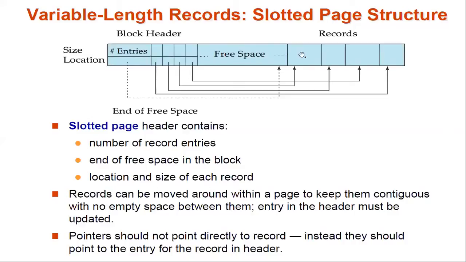So in a particular file, in which memory location the record is located, that information will be stored in the slotted page structure. Records can be moved around within the page to keep them contiguous with no empty space between them. That means the free space can be adjusted.